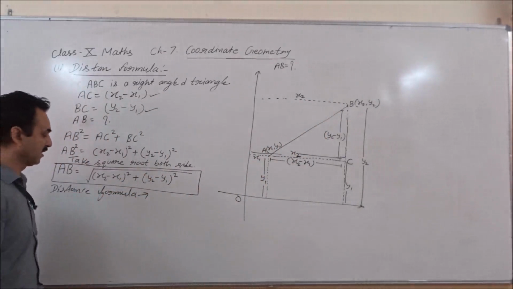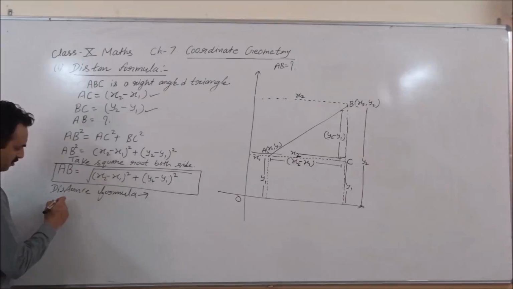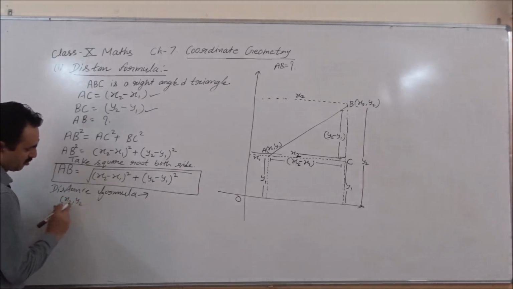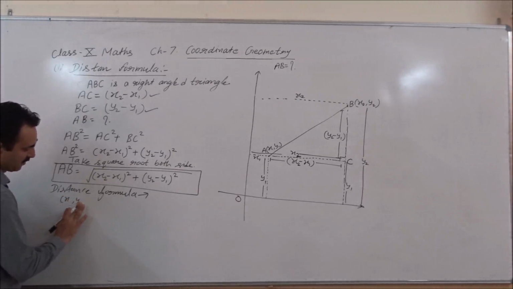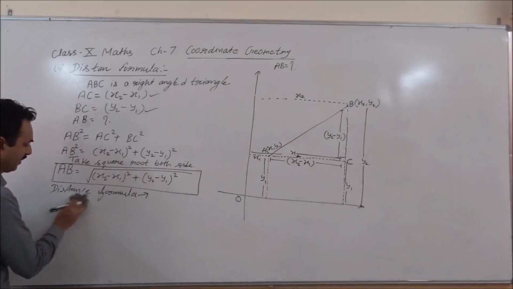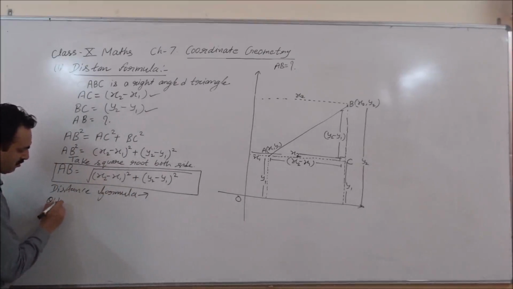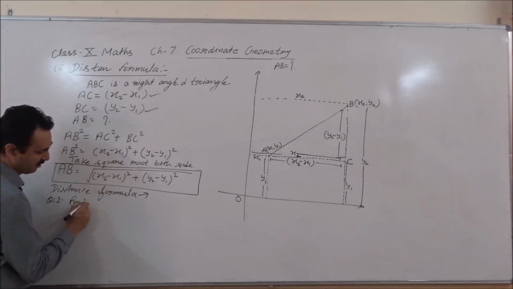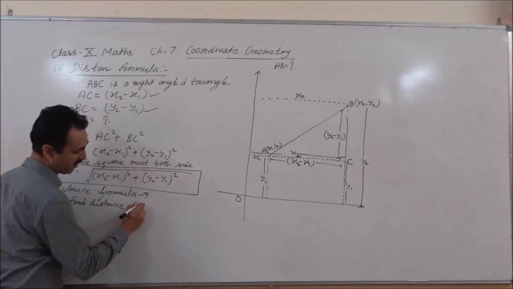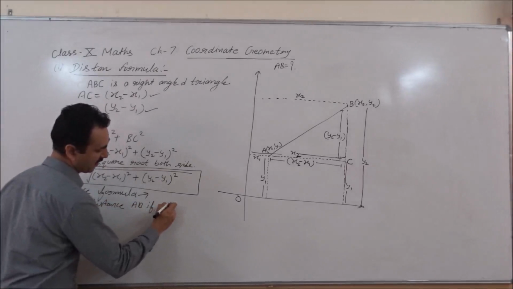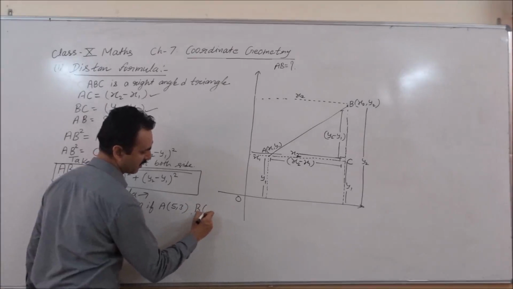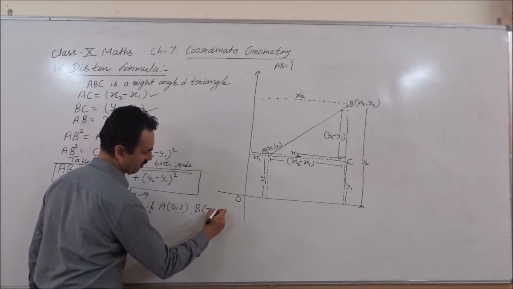Okay. Let's take an example. The question is: find the distance AB if A is (5,3) and B is (7,4).